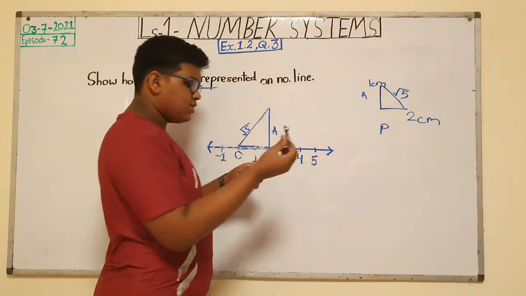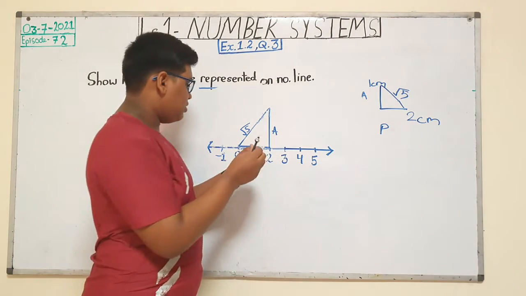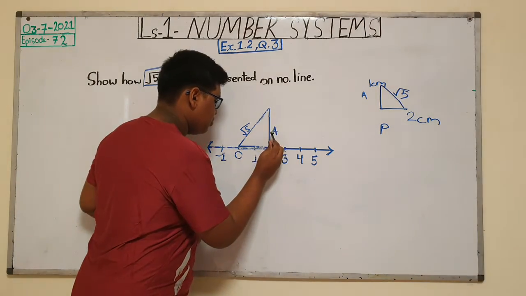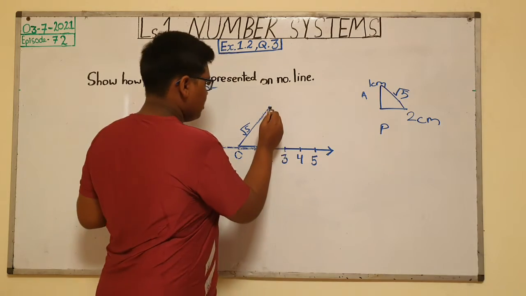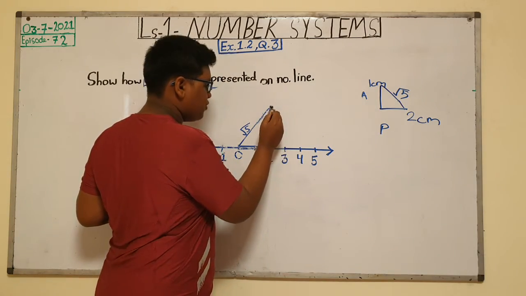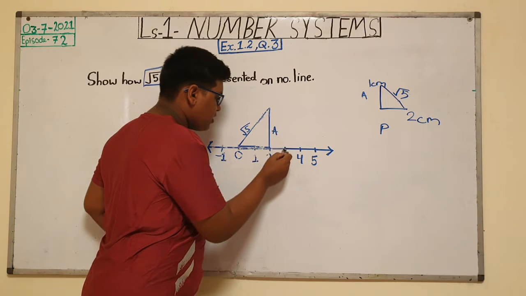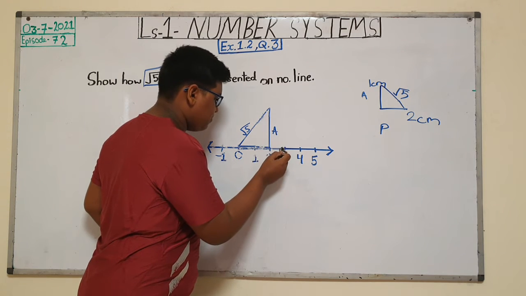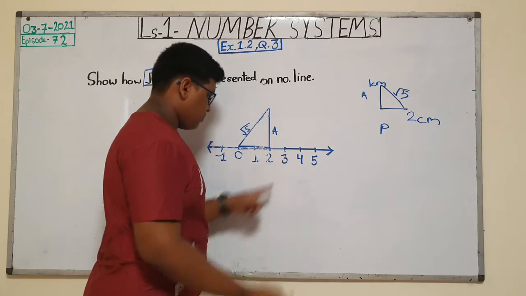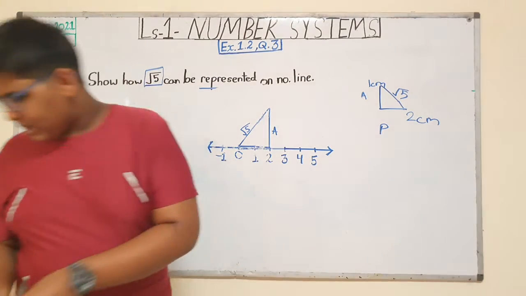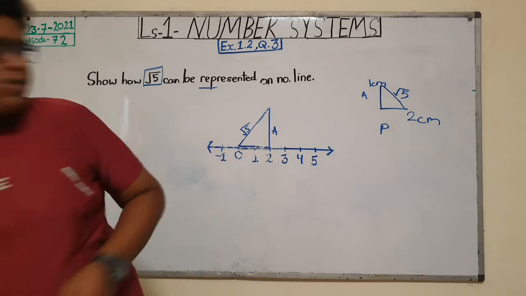We have to place the needle of the compass on 2, keep the pencil on this corner, and make an arc, and the point will come somewhere over here.